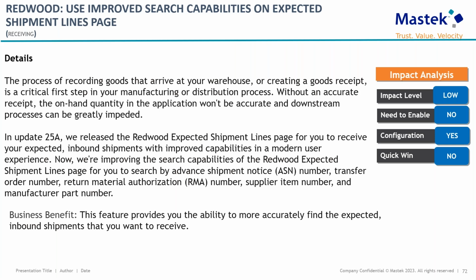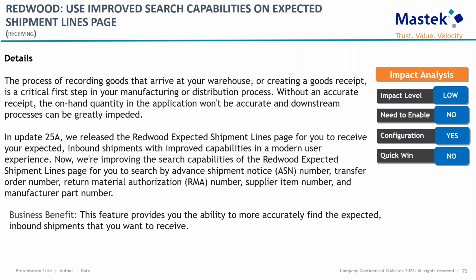Receiving goods accurately is the foundation to everything that follows within the supply chain operations, right? The Redwood expected shipment line page introduced earlier gave us a modern UI to work with, but now it's even better.